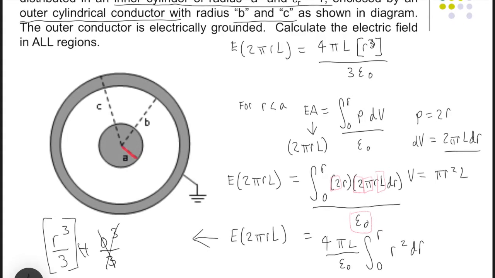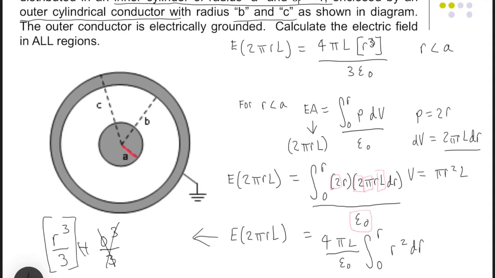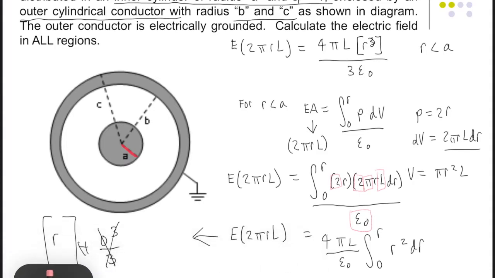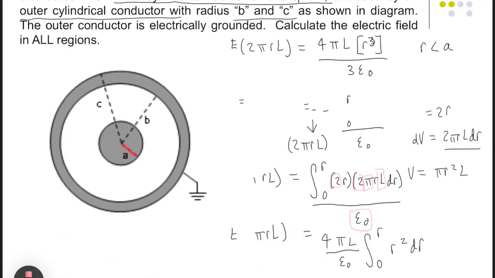So that would be our electric field for r less than a. And for r less than a, it's the charges enclosed by the cylinder for all the values less than a. And now we're going to want to find our next value for our electric field.